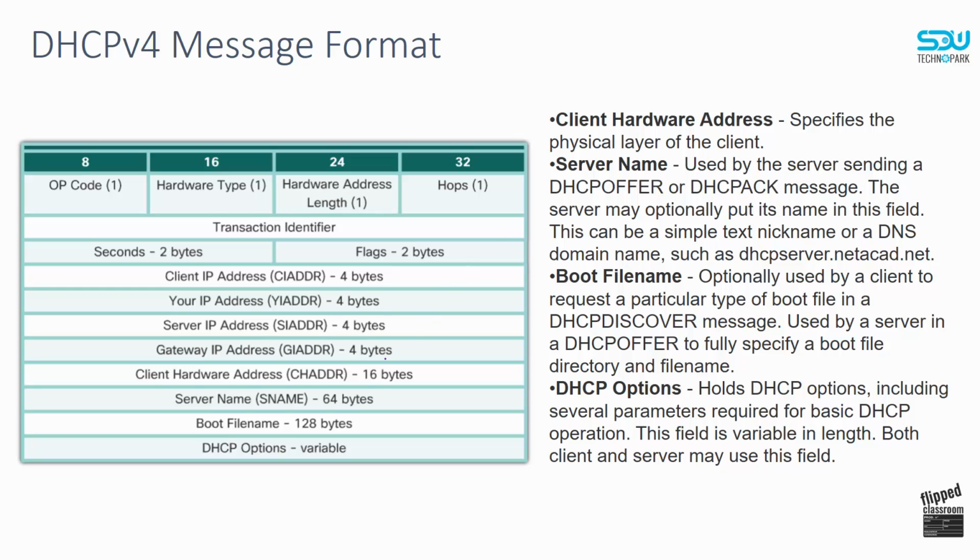Also, we have information about the boot file name, optionally used by a client to request a particular type of boot file in the DHCP discover message, used by a server in a DHCP offer to fully specify a boot file, directory, and the file name. And we have some options in the field of the DHCP options.